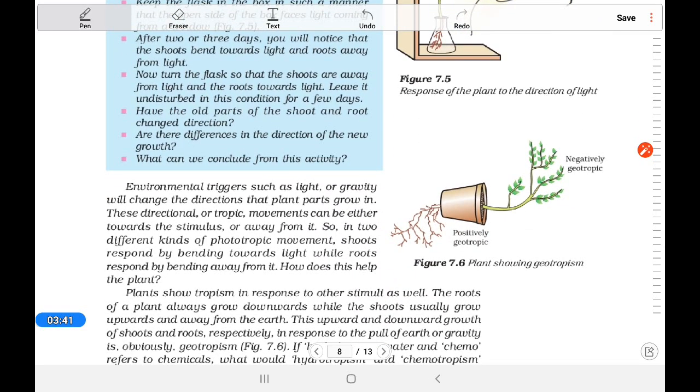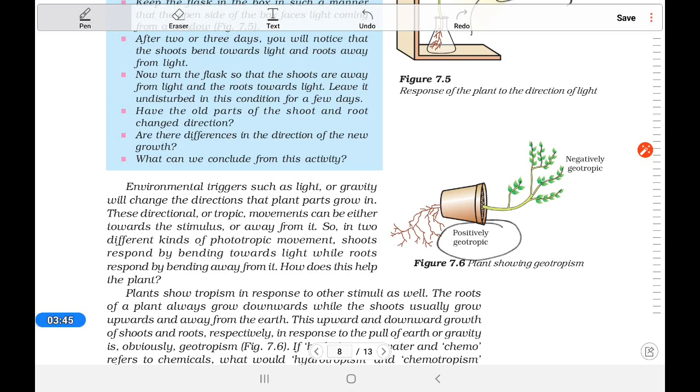In this case also, there is positive geotropism, I mean the root goes downwards towards gravity, and negatively the stem and other parts go upward.